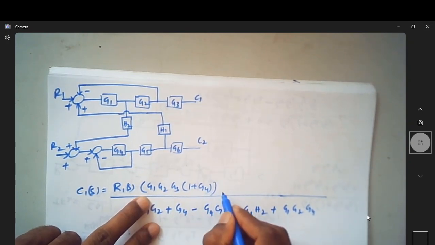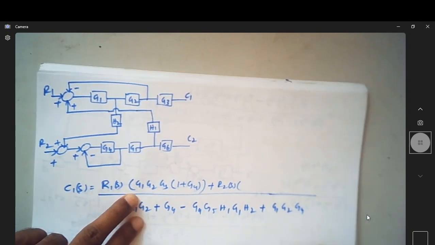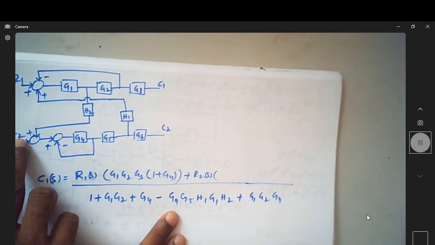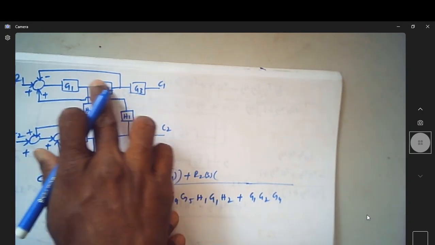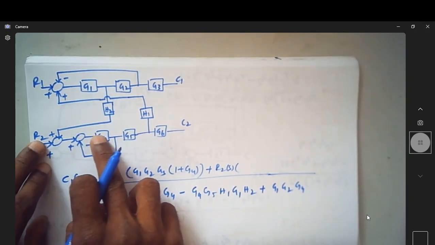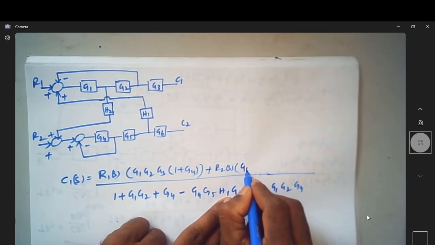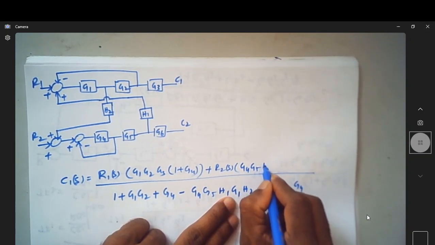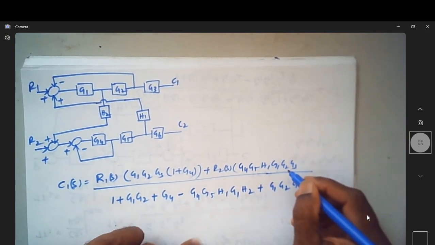Plus R2(s) multiplied by the forward path gain. What is the forward path gain? This is the path here. You can see I can reach this C1(s) from this R2 through this way: G4, G5, H1. So it is G4, G5, H1, G1, G2, G3.